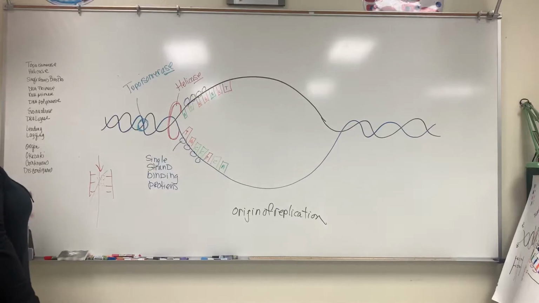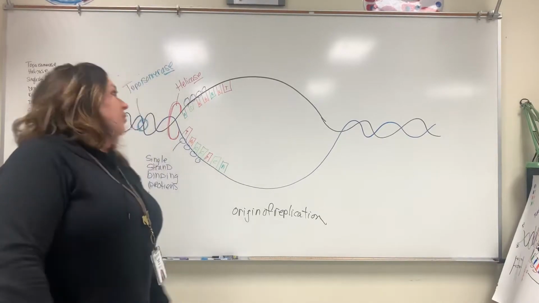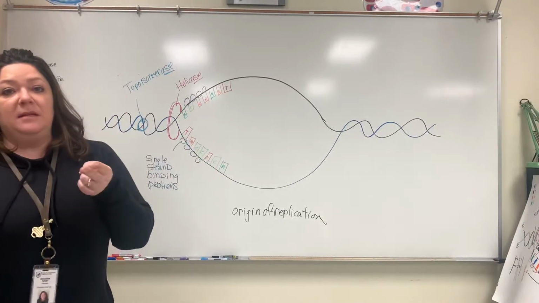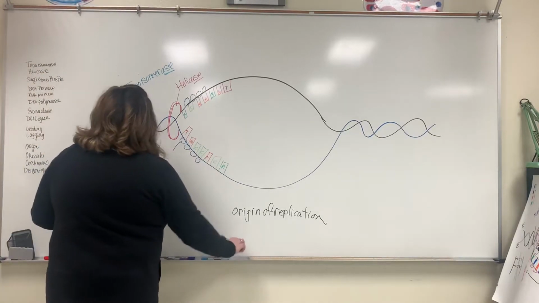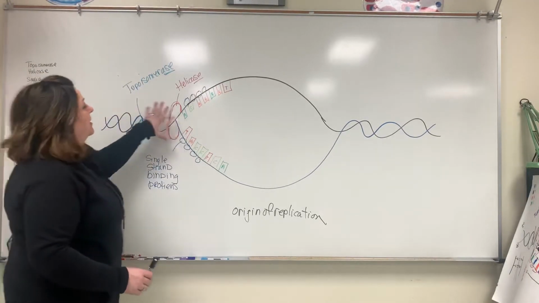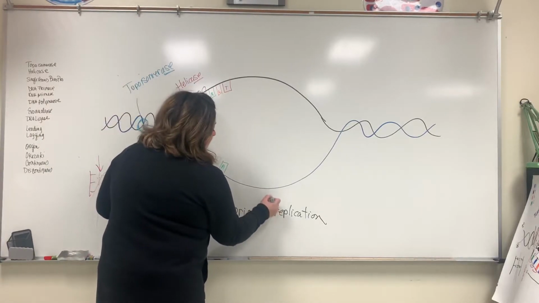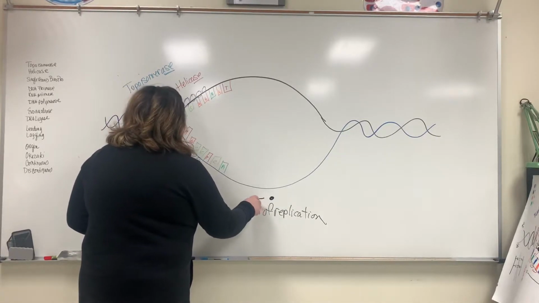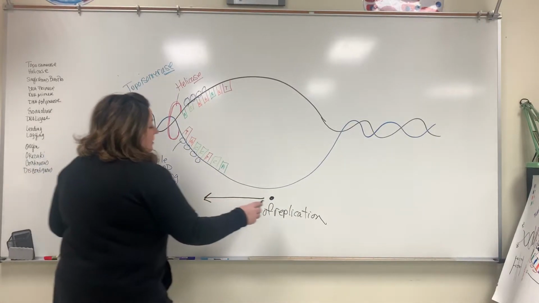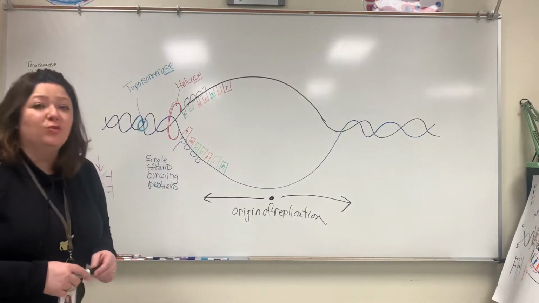Now, it's important to get an idea of which direction replication is happening in. And when you have a bubble like this, DNA replication is happening in two places. Sometimes it looks like it's going in this direction, but it's not. You're basically starting here at the origin of replication, and it's being copied in this direction, and it's being copied in this direction. So it's bi-directional.